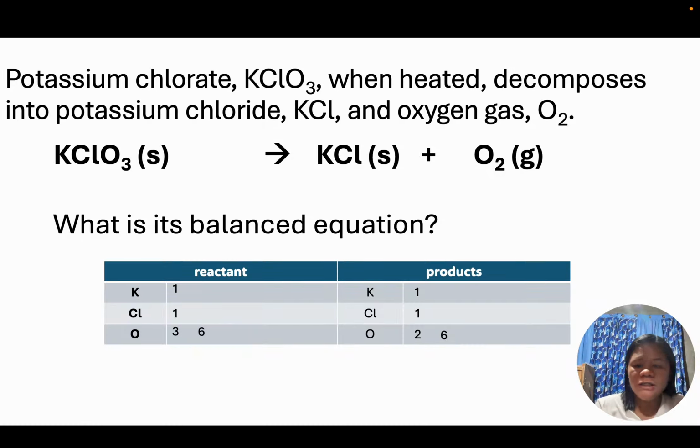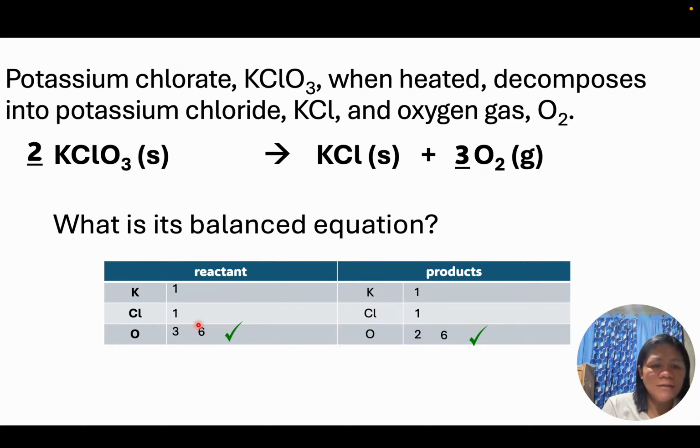In order to make the oxygen 6 on the reactant side, we multiply the 3 by 2. 2 times 3 is 6. But here we have 2, so we multiply it by 3 to achieve 6. So oxygen is balanced now.